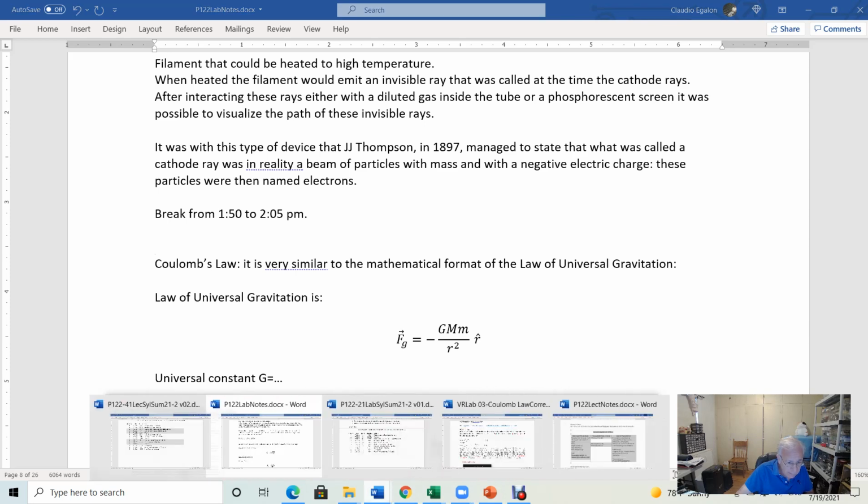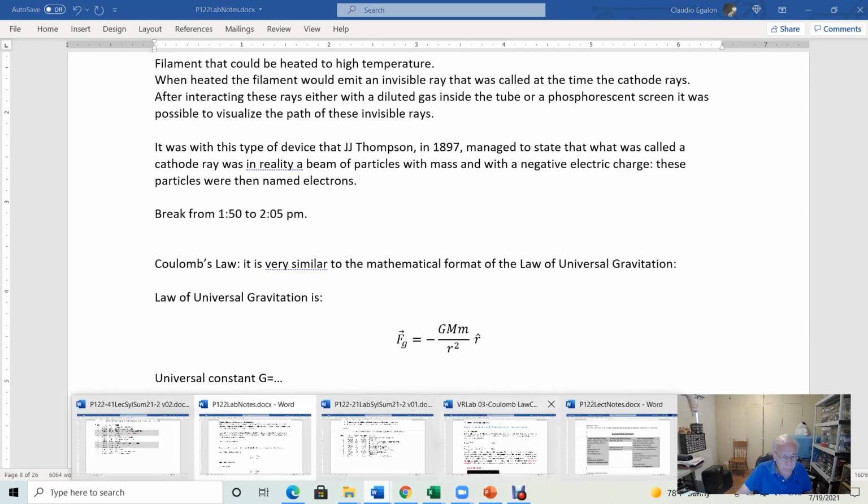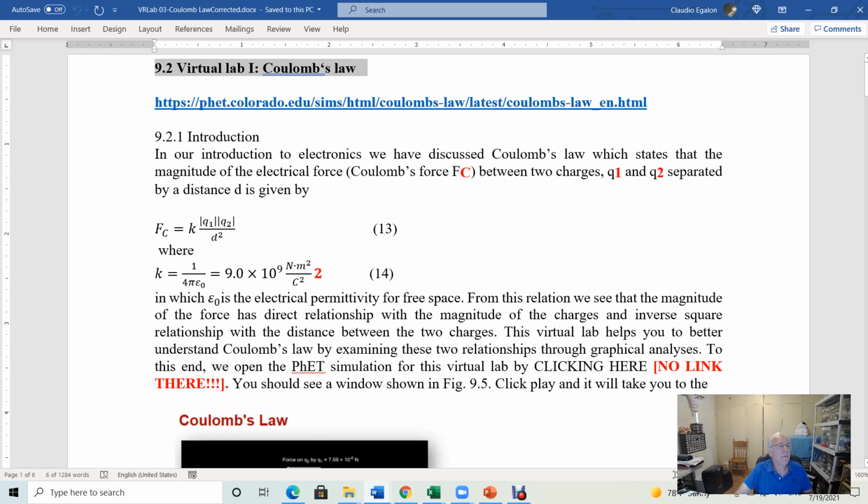So let's get the virtual lab, Coulomb's law, the handout. Okay, no link there. So let's go to our link right in here. What you have to know is that there is an electric force between electric charges.